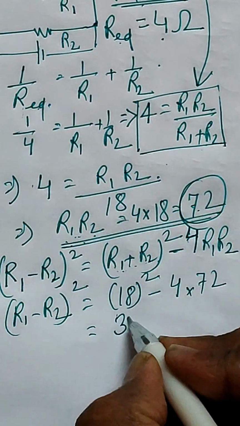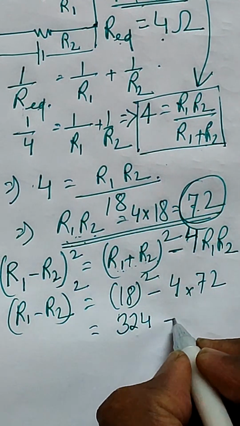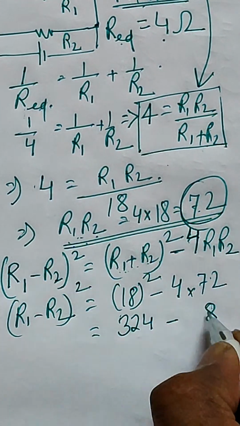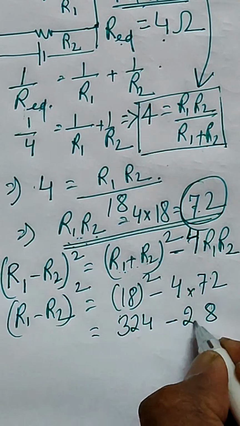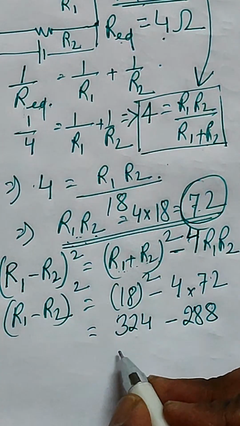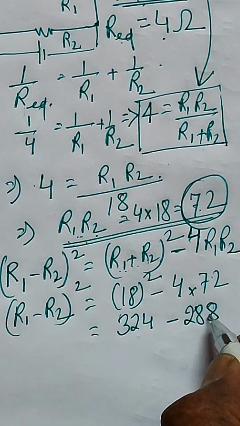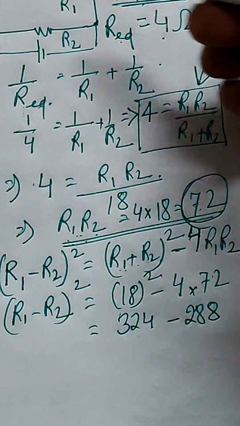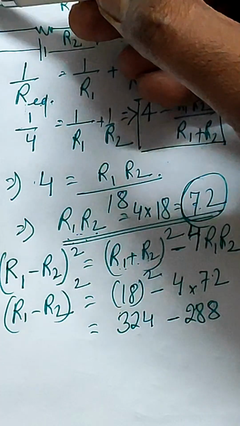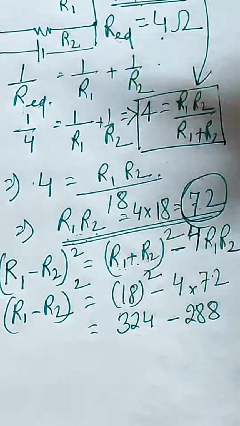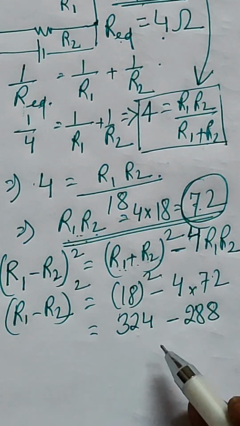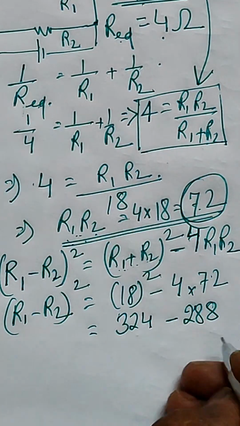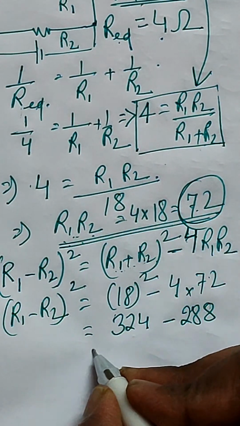So 324 minus 4 into 72, which is 288. So (R1 minus R2) whole square is coming as 324 minus 288.